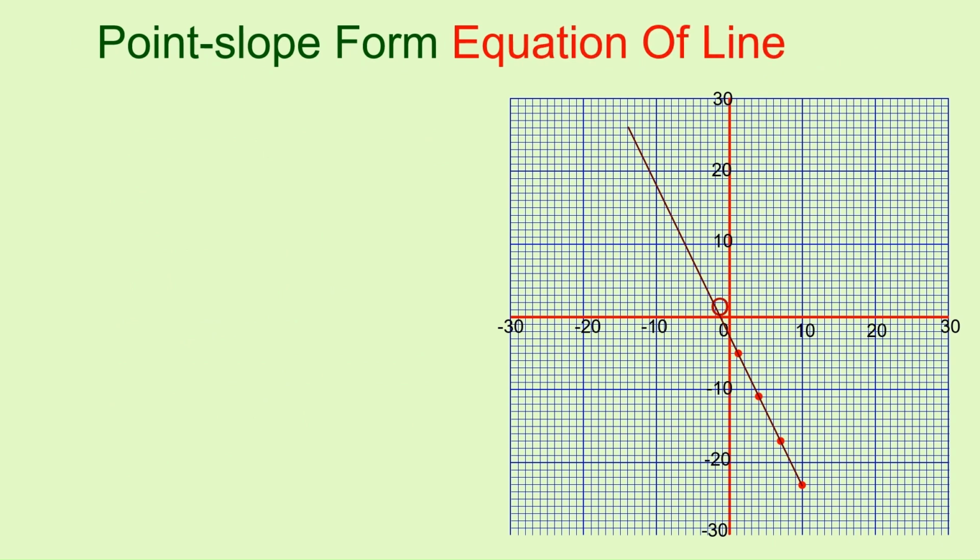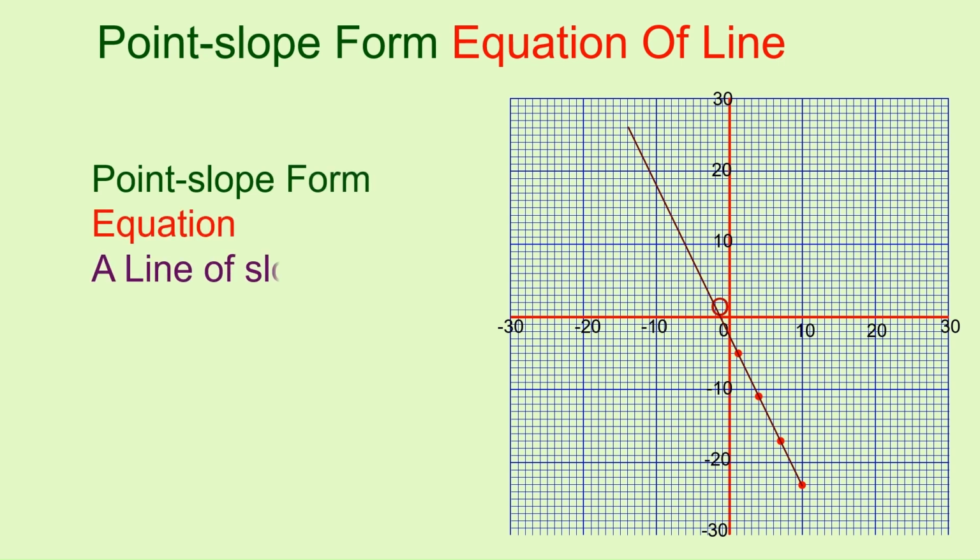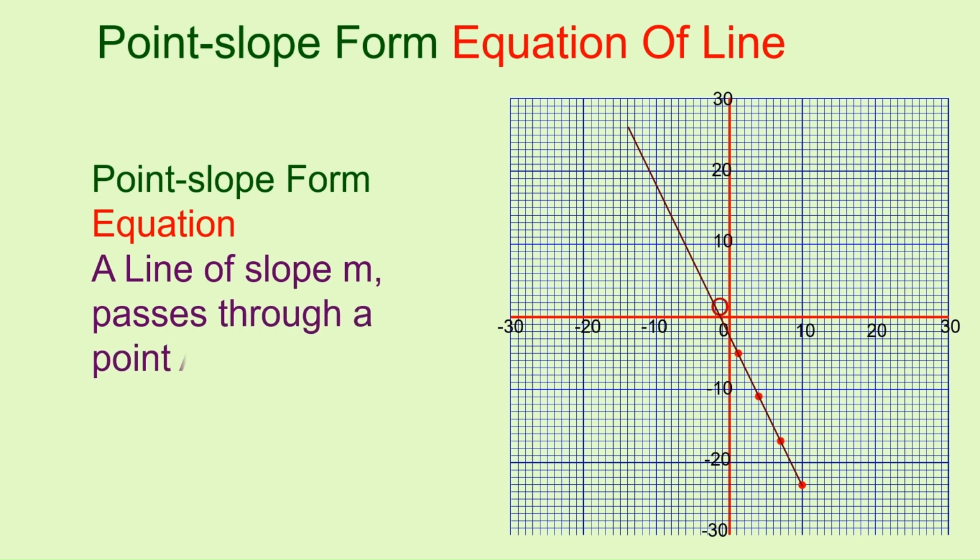Point slope form equation of a line. Point slope form equation of a line of slope m passing through a point (a, b).